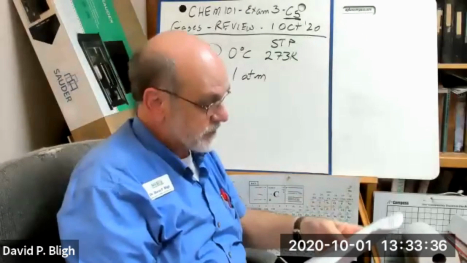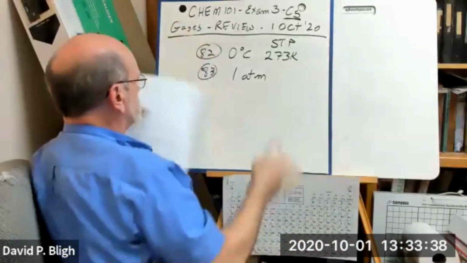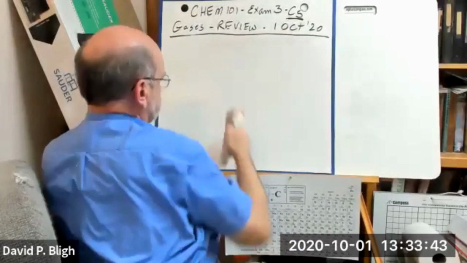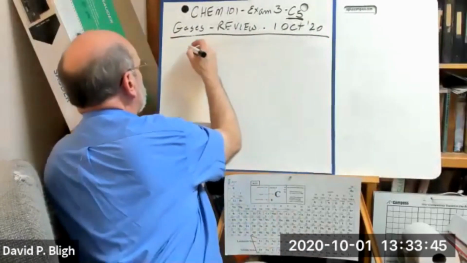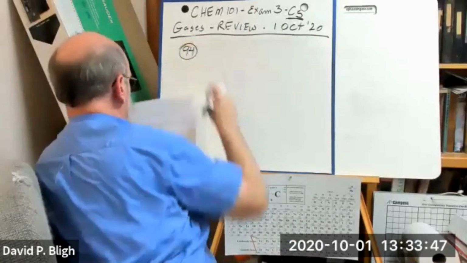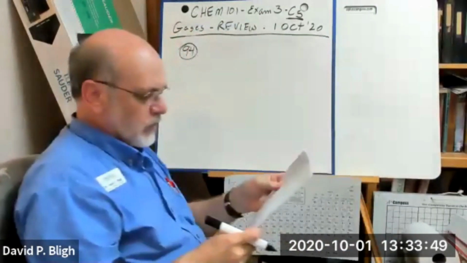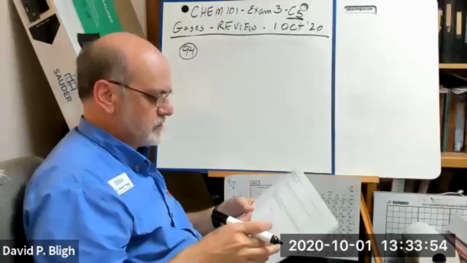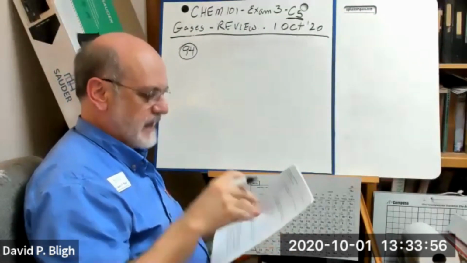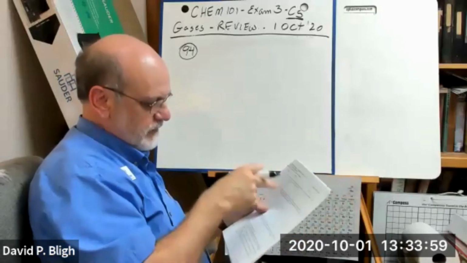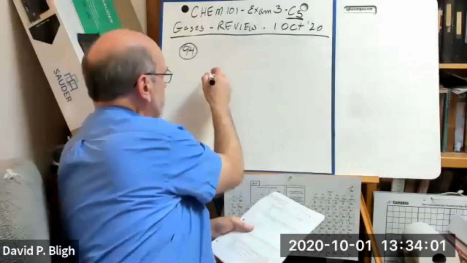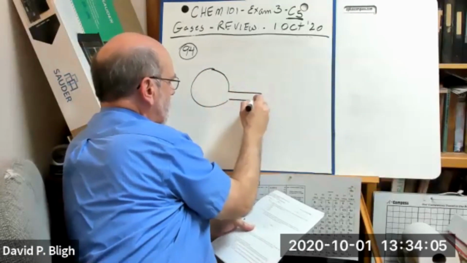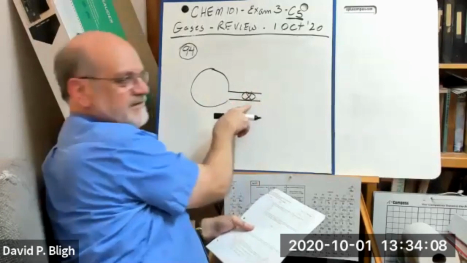Oh, this is a good one. 94. All right. 94. So we're given a diagram here with two bulbs filled with gas at the given information. So let's draw the picture first. So we have, and that's a valve.